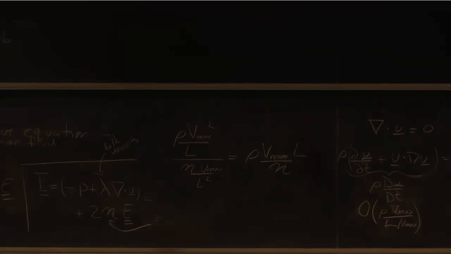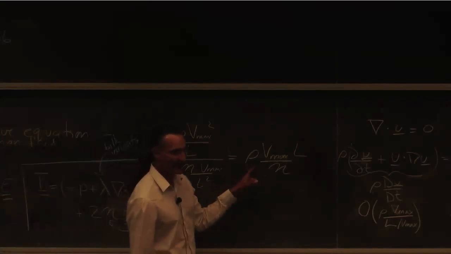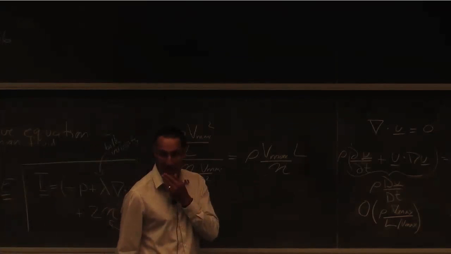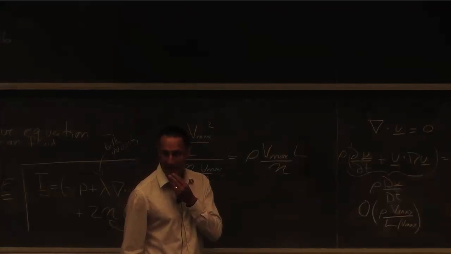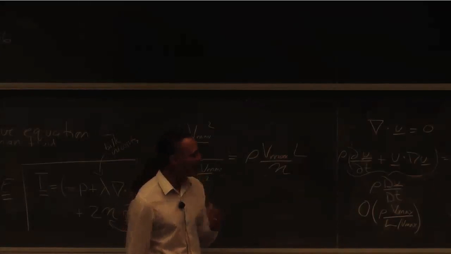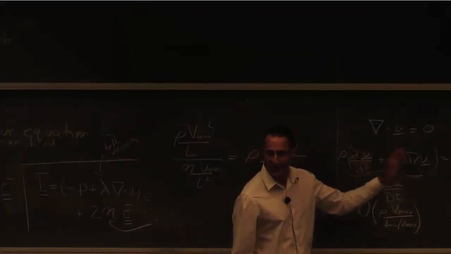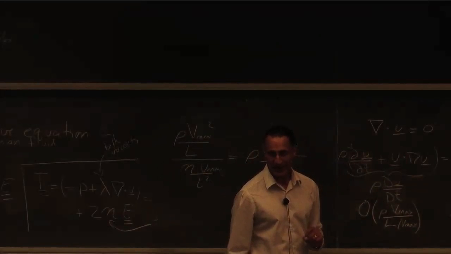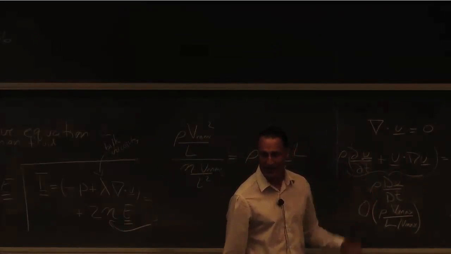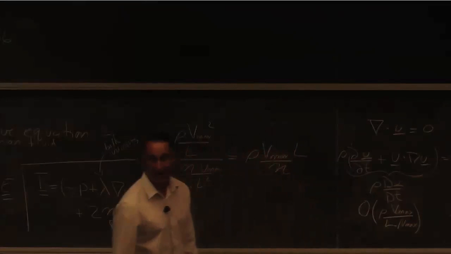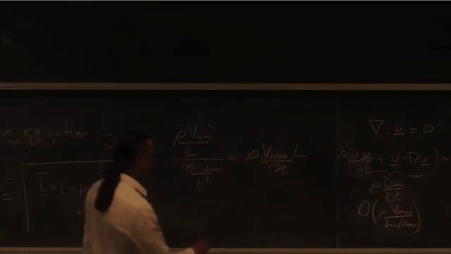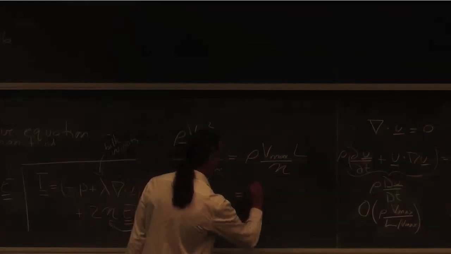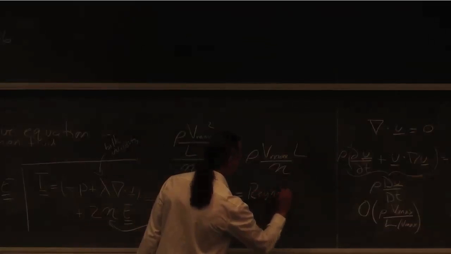What are the units of this expression on the right-hand side? It has to have no dimensions. We're comparing, in any equation, every term has the same units, right? So if we compare two terms in that equation, they have to have the same units, hence the ratio has no units. And so this is an example of a dimensionless number. It's got a special name. It's called the Reynolds number.